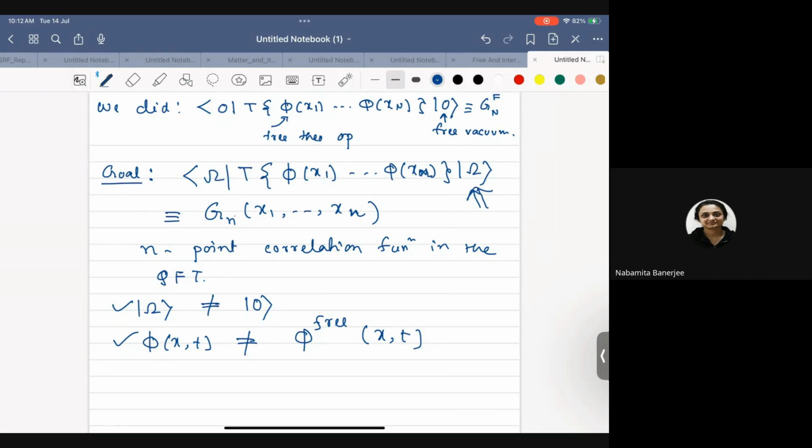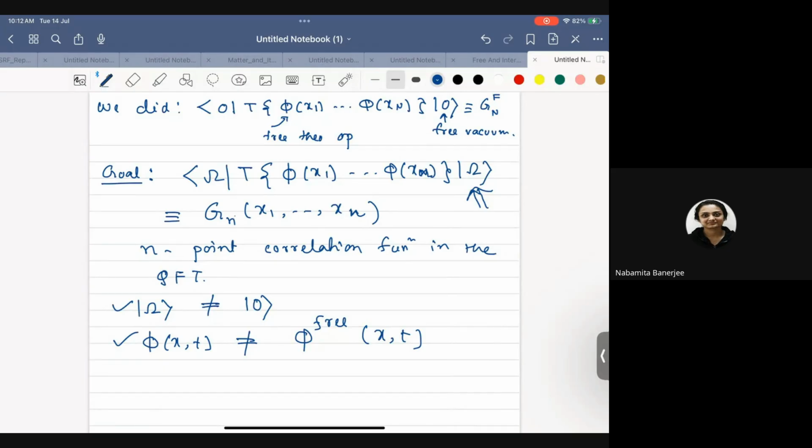I have a theory. In that theory, I have a lowest energy state, that is omega. Now I am computing the expectation value of some number of time ordered operators of my theory with respect to this lowest energy state. In a quantum theory, this is an absolutely well-defined quantity.